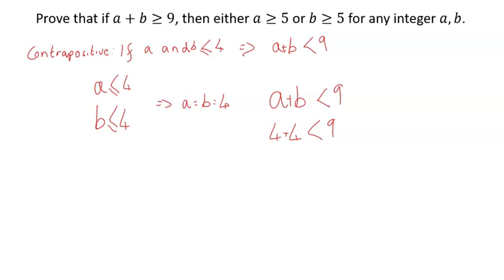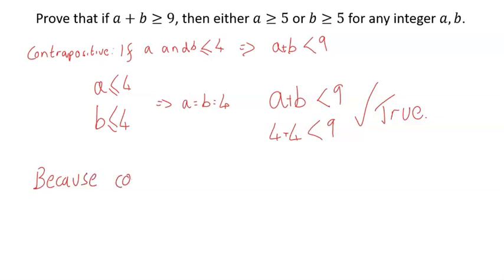What that means is I can go back and say, well, my contrapositive is true. So logically, because the contrapositive is true, my original statement has to be true in itself. So I'd say a statement along those lines.